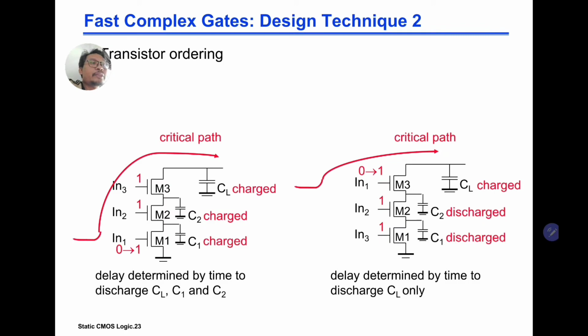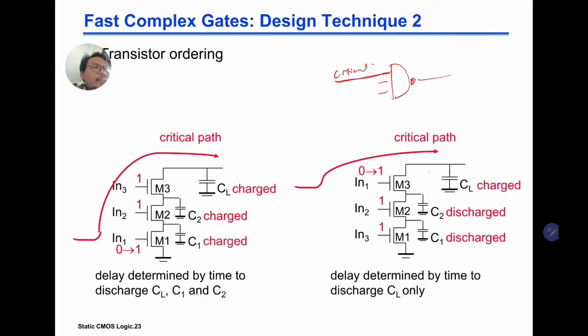Transistor ordering is also quite an interesting strategy to improve the delay. Here is a 3-input NAND gate. If you know your critical path, you want to put your critical path on the transistor closer to the output, so that it can discharge faster.